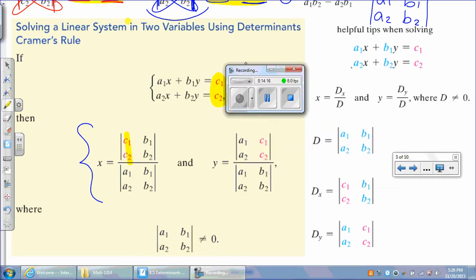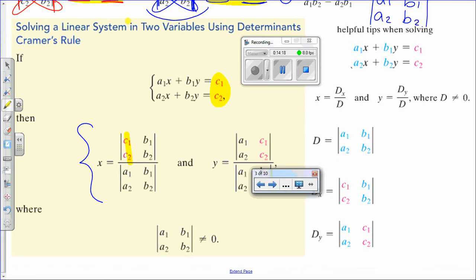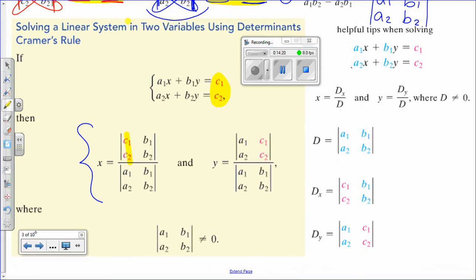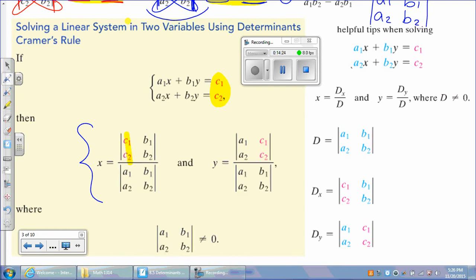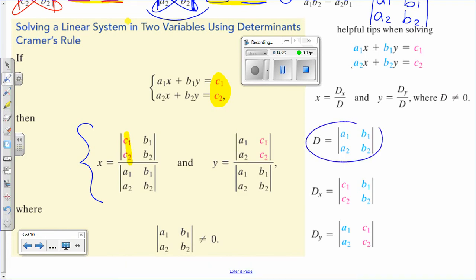And so here we're going to find three determinants. One of them is just the determinant of the coefficients. So it's like if we use a sub 1, a sub 2, b sub 1, and b sub 2. That is the determinant.